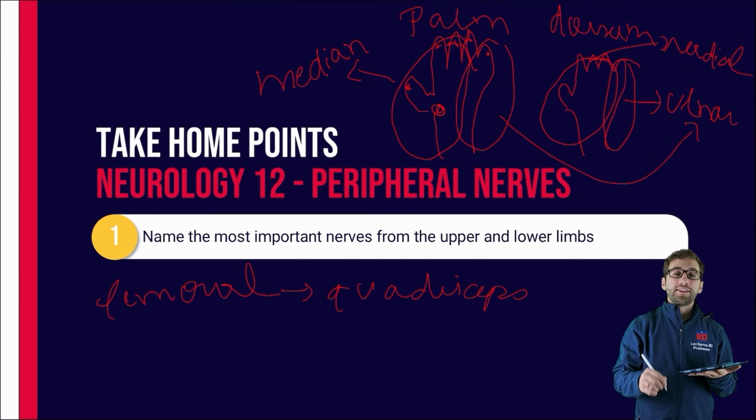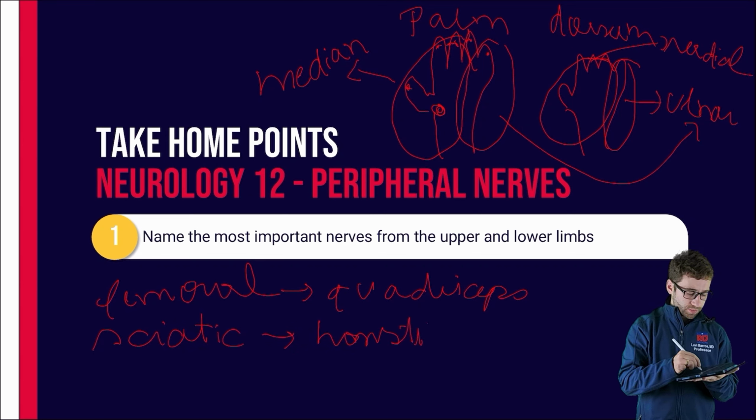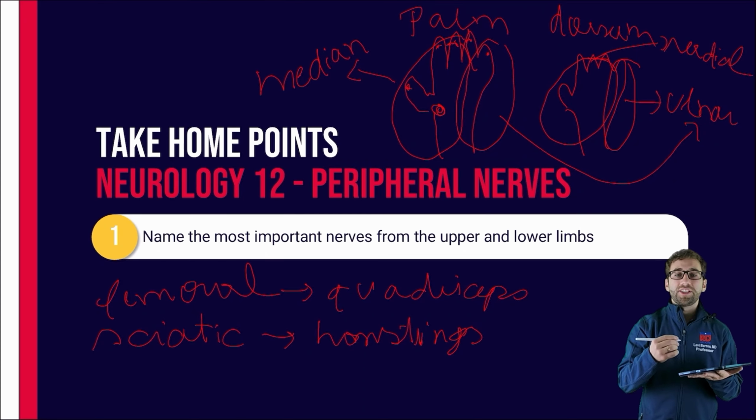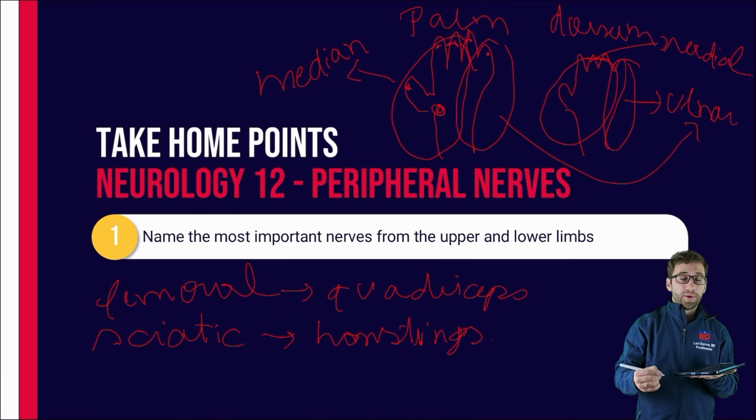Okay? The sciatic nerve innervates the hamstring muscles, which are the opposite of the quadriceps muscles, and it splits into the tibial and common peroneal nerves, which supply the lower leg and the foot.